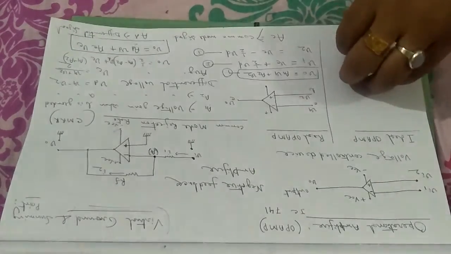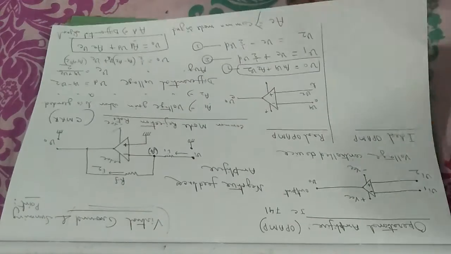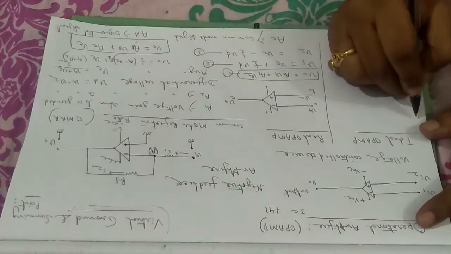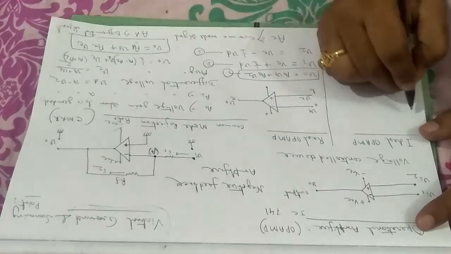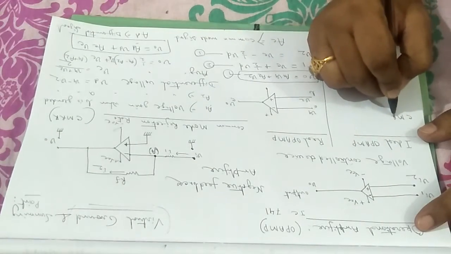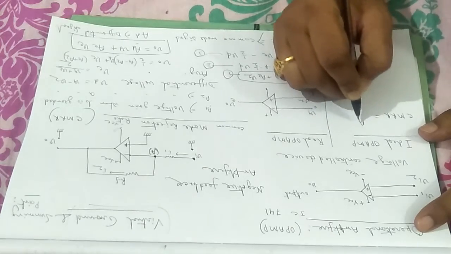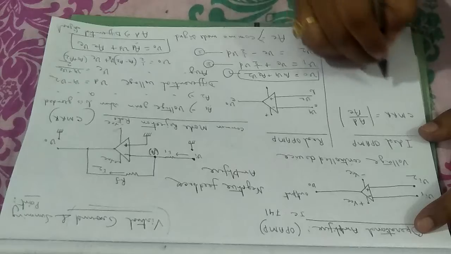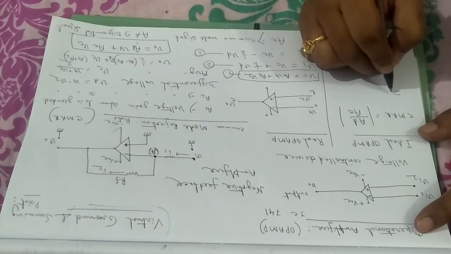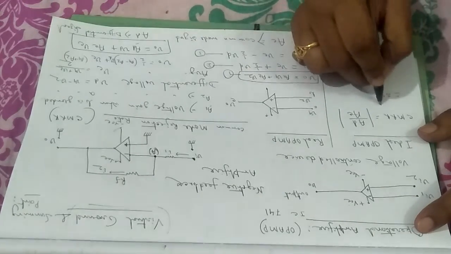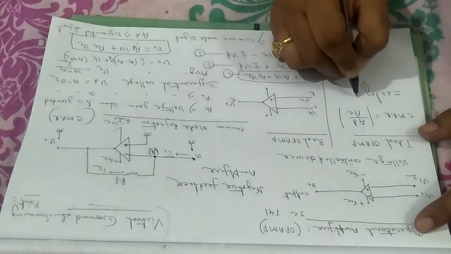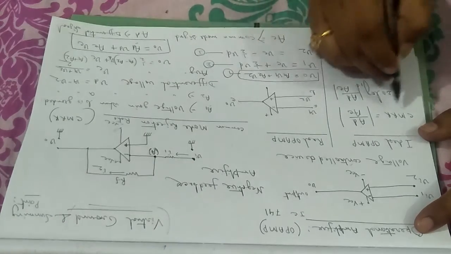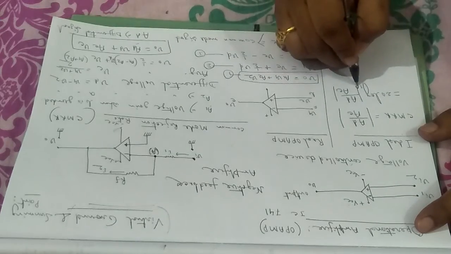From that you can calculate the common mode rejection ratio, CMRR. The expression for CMRR is the modulus of AD by AC, and if you write it in decibels, it will be equal to 20 log 10 of AD by AC. This is the expression for CMRR.